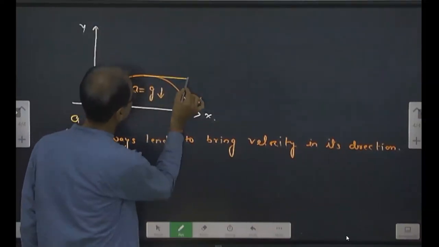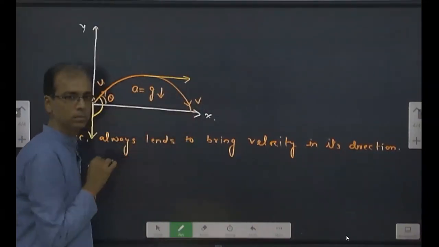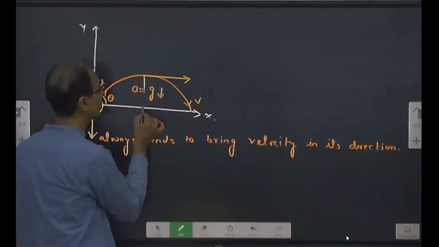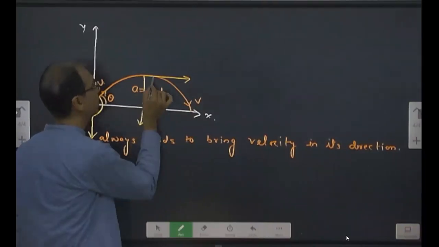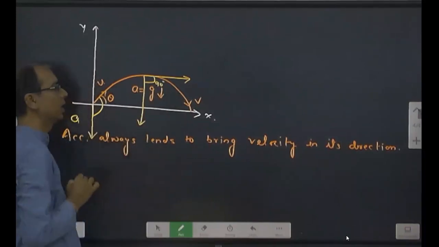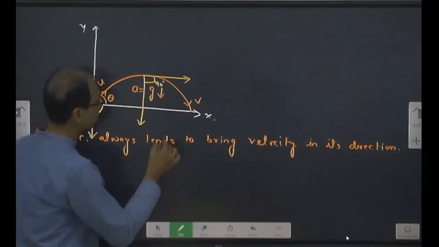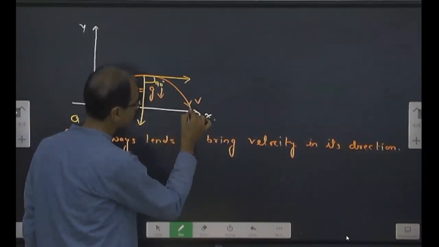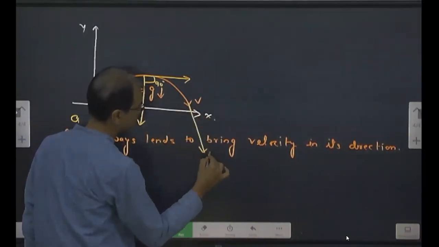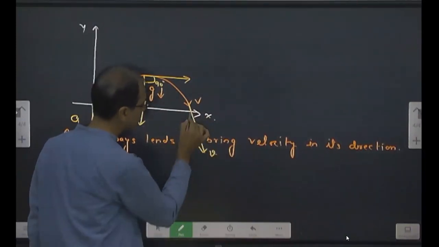Velocity's direction is this. Acceleration is still downwards. What is the angle? It's 90. Oh, it's decreasing. Here more than 90, here 90. Let's see over here now. Velocity's direction is this. Acceleration here.